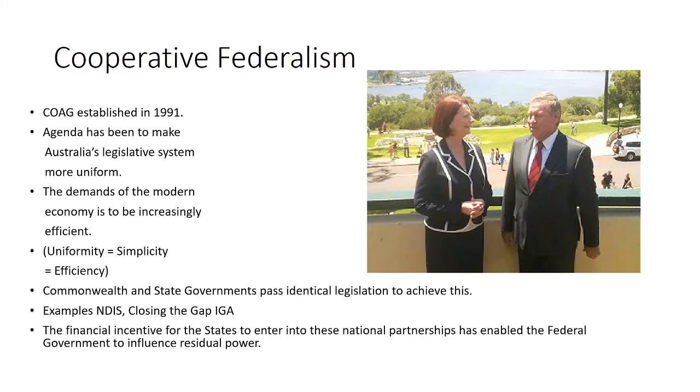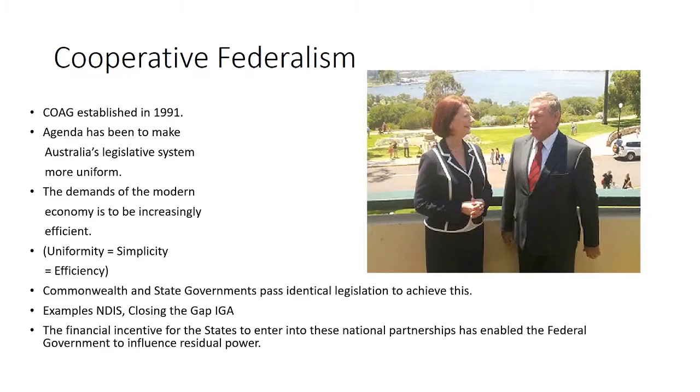And the Closing the Gap Intergovernmental Agreement, where once again the federal government provides funding so that the states can attempt to meet key performance indicators in helping Indigenous people close the shocking gap in life expectancy, health outcomes, educational outcomes, housing, and so forth.